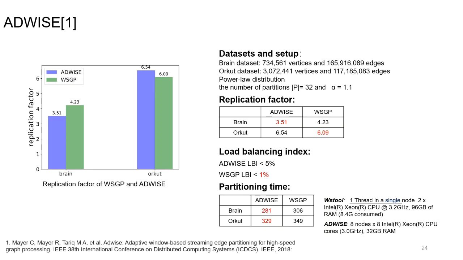Lastly, for partitioning time, ADWise is a bit faster than WSGP on both datasets. However, ADWise used 8 nodes with 8 cores each, and WS2 only uses 1 thread on a single node. So we use less computing resource and produce similar results.